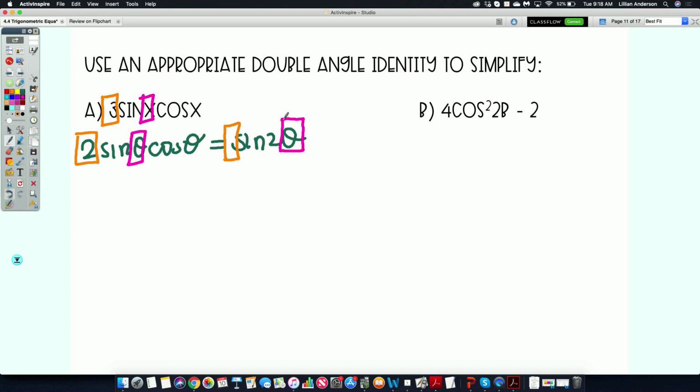And I boxed these areas because those are what's going to be affected. I'm trying to simplify it down into a simplified form of this double angle. So as we already can see in the pink, theta needs to be replaced with an x.